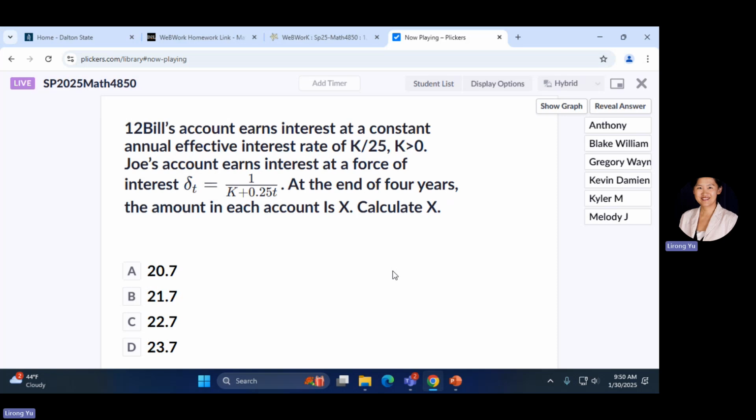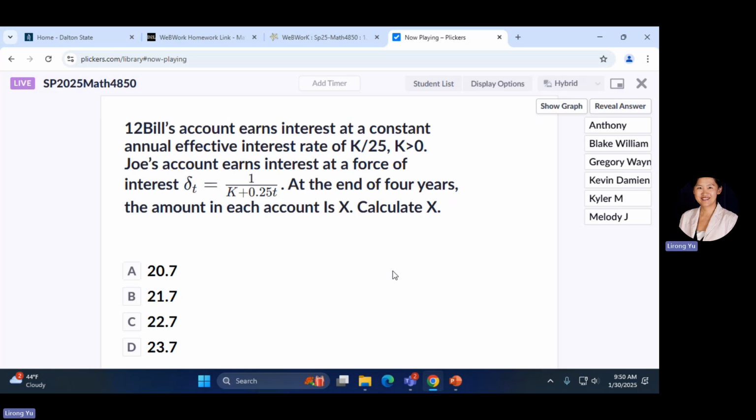We do similar things as in the example I showed earlier: we integrate the force of interest function in order to identify the accumulation function. There's a small problem in carrying the K through the process.